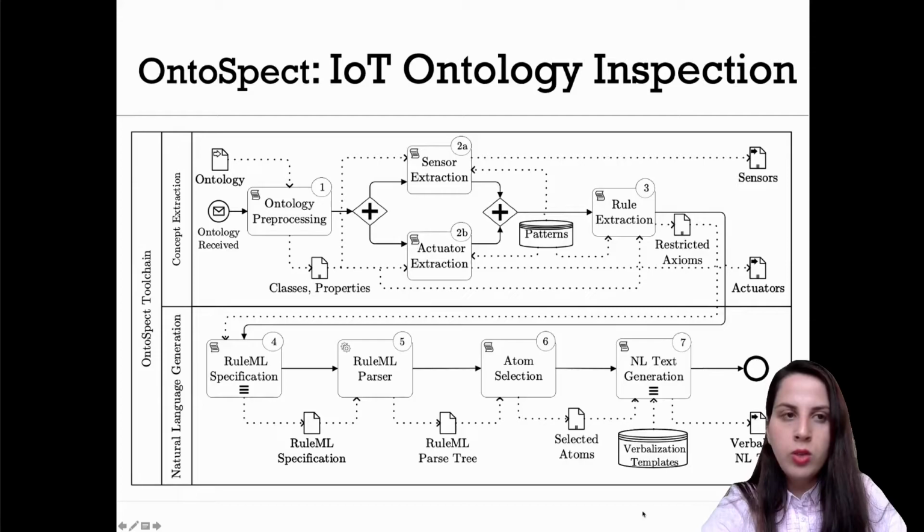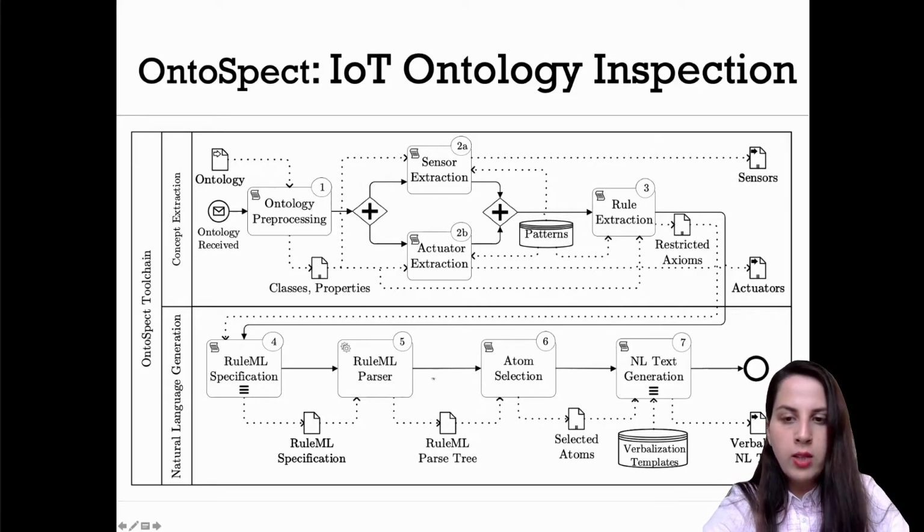So in this work, we propose Ontospect. You can see an overview of the workflow as a BPMN diagram. Our method follows a model-driven engineering approach. It has two main stages. First, the concept extraction, which automatically identifies the main IoT concepts, such as sensor, actuator, and rules in the ontology, and we do this based on pattern matching.